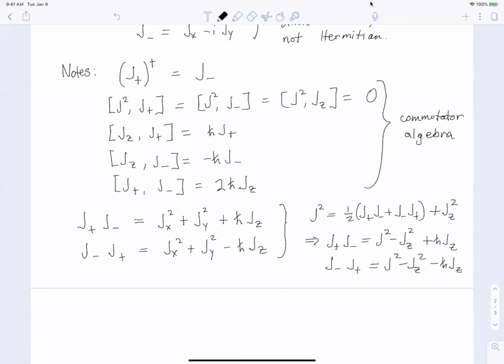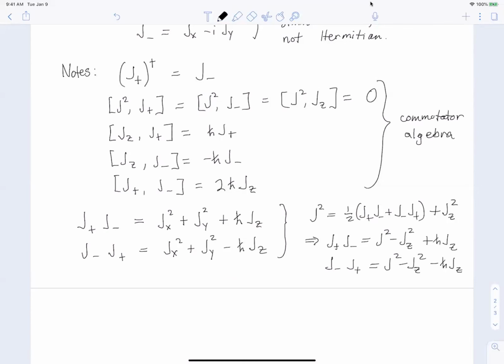So the reason these things are useful is we're going to be writing down expressions that involve matrix elements of different combinations of jz and j plus and j minus. And so these give us ways of simplifying those matrix elements at the operator level before we have to figure out what they do on specific states.